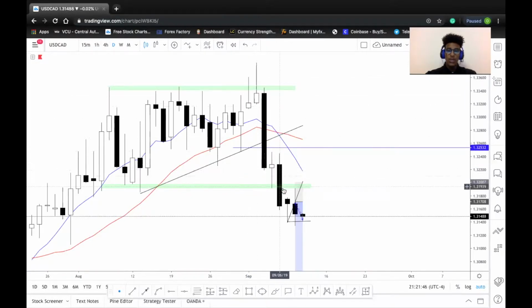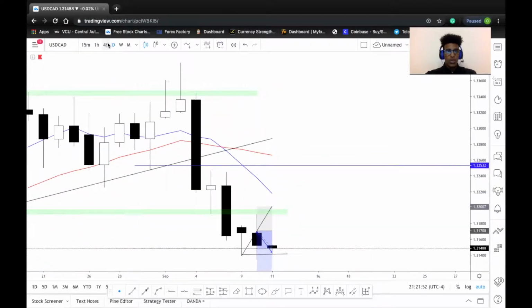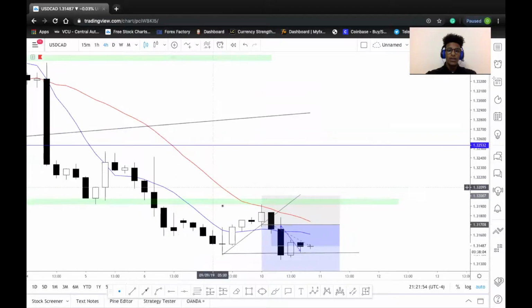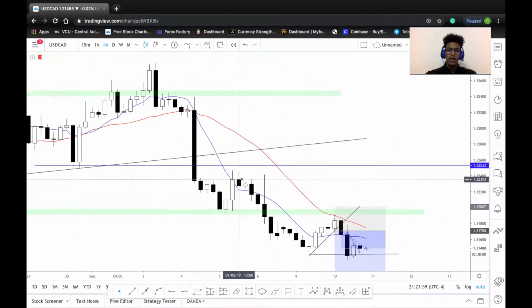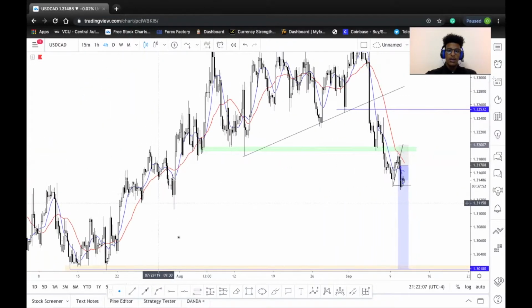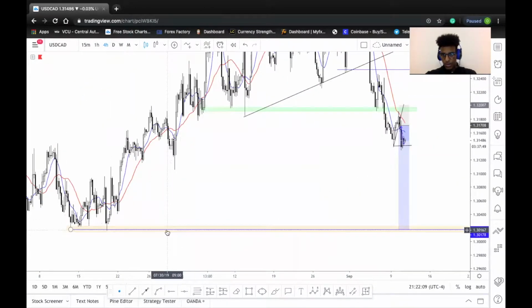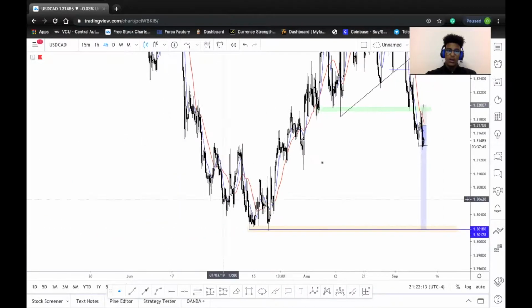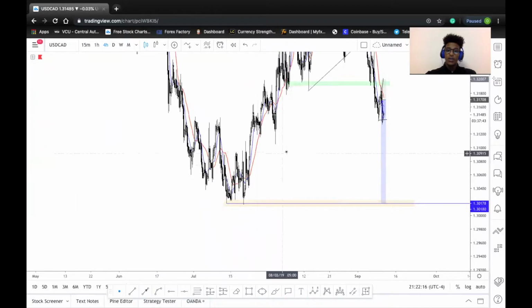We got some continuation, which finally broke us through this support zone. Zooming into a lower time frame, we can see that we got that retest. We also sent this setup in the chat and a signal as well. We are currently testing this previous bottom, but we are definitely seeing USDCAD drop potentially to 1.30167. If we manage to break that zone, we could see it go even further.